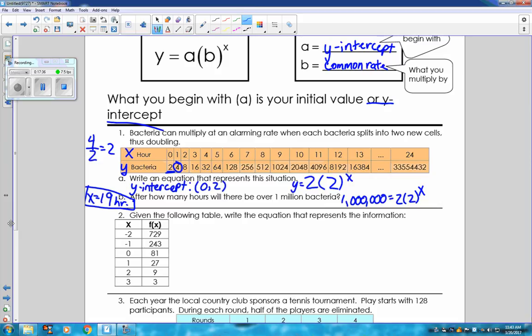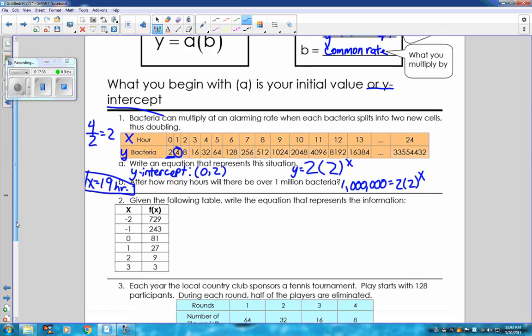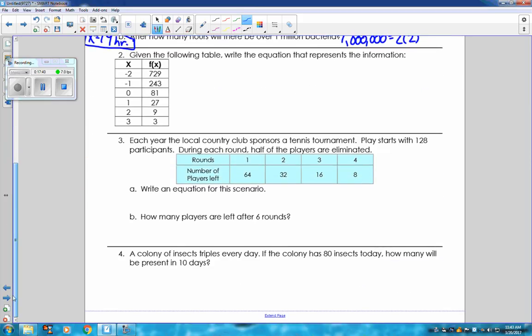Alright, so let's look at the next example. It says, given the following table, write the equation that represents the information below in the chart.